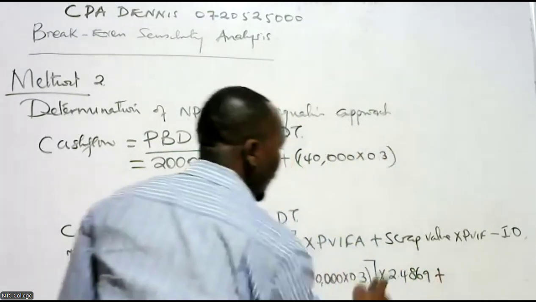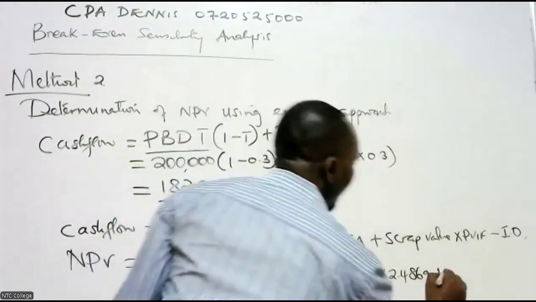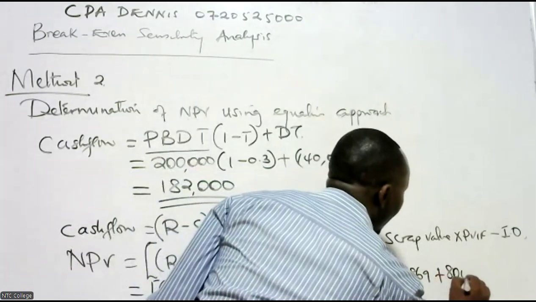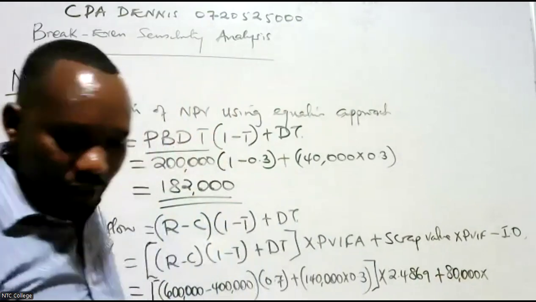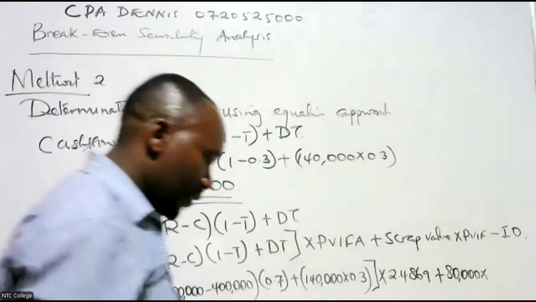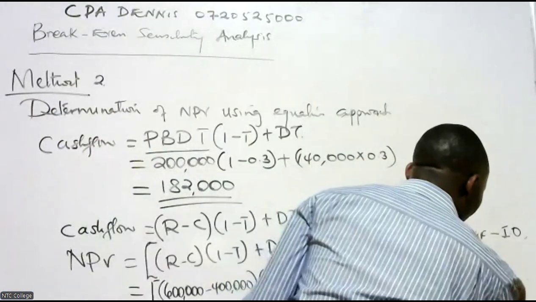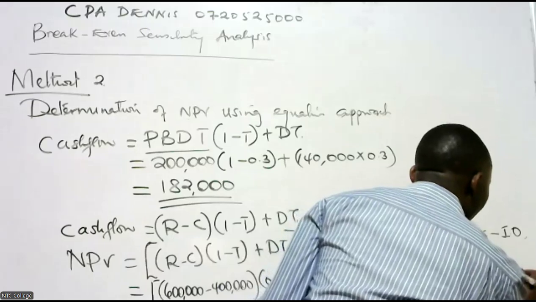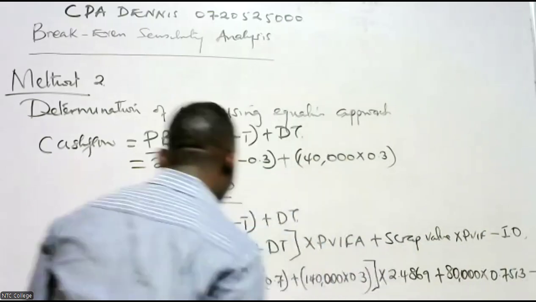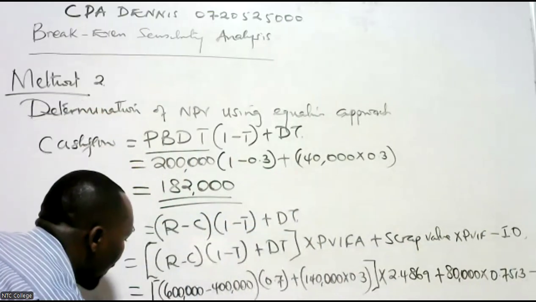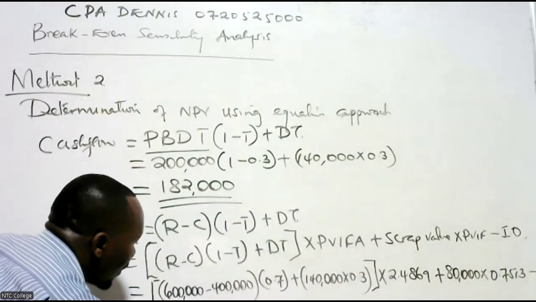Plus now the scrap value here, which is 80,000 times PV factor. PV for this was 0.7513, minus the initial outlay, which was 500,000.